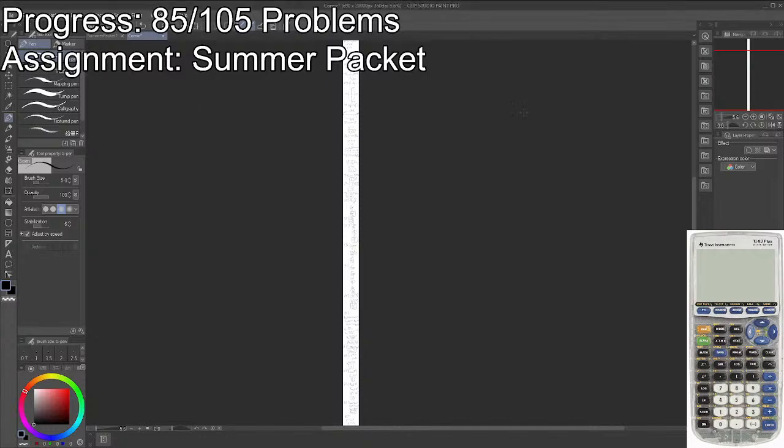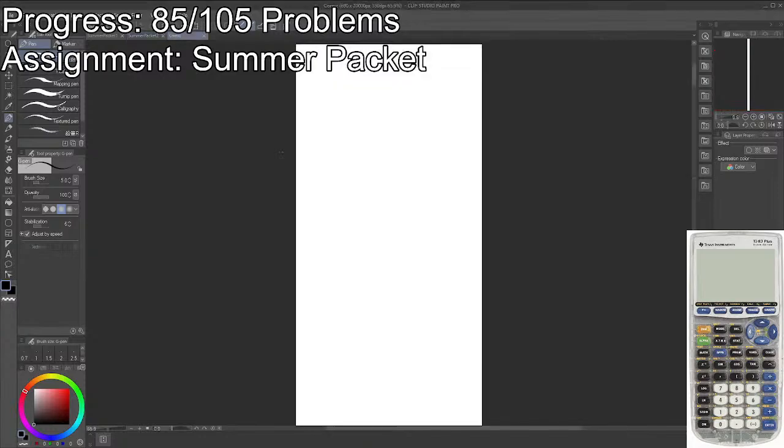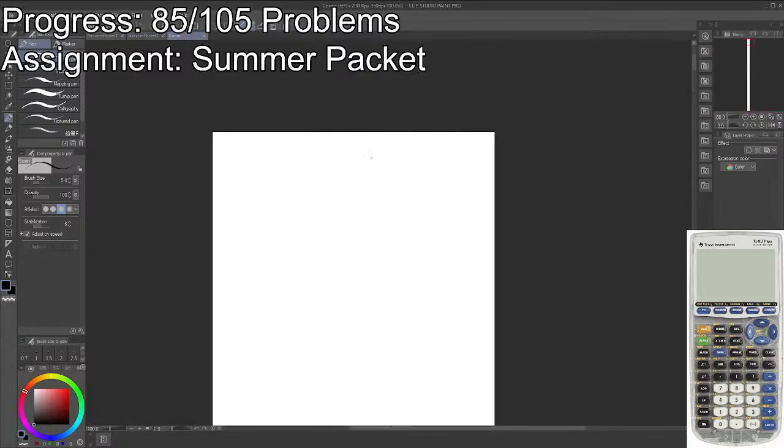I gotta save this. Third equals 3, 2x plus 2. That got cut off. Nice.